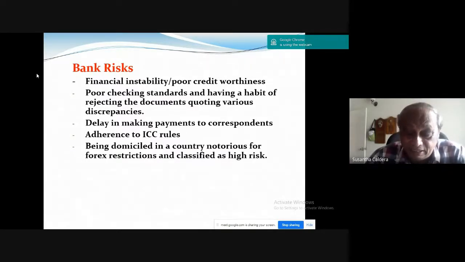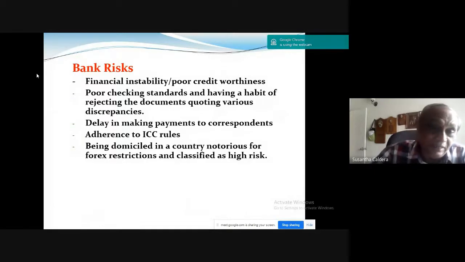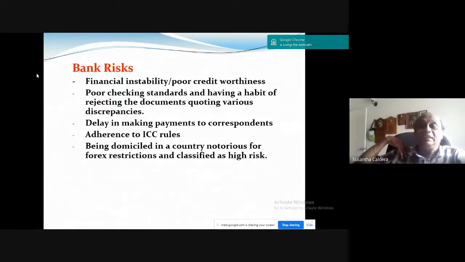Adherence to ICC rules, right? Being domiciled in countries notorious for forex restrictions and classified as high risk. There are certain banks domiciled in countries notorious for forex restrictions and classified as high risk.